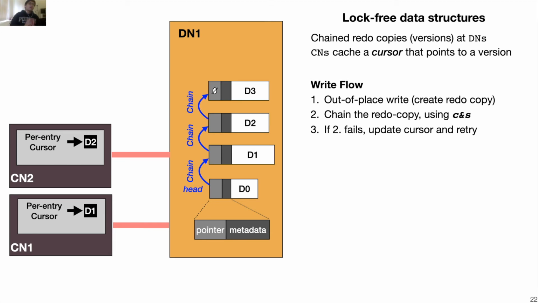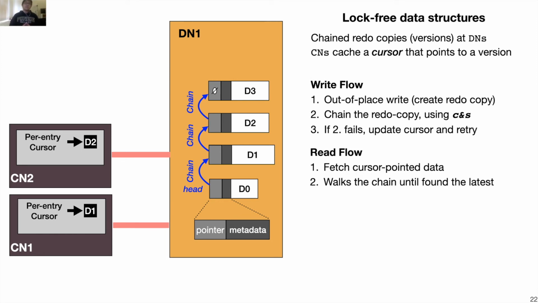In Clover, KV-read always returns the latest version. In this particular case, version D3. Recall that the cursor points to the version that this particular CN thinks is the latest. So if CN1 wants to do a KV-read, it will first try to read the version D1.